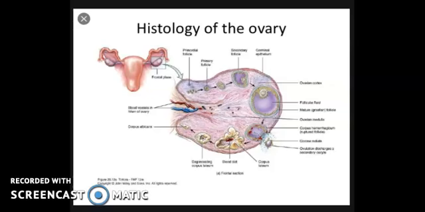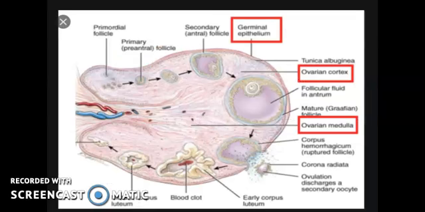Ovarian histology of a mature female. In the histology of the ovary, we have discussed the primary structure of the ovary. The following discussion includes the changes seen in a mature ovary, primarily in the cortex. The different stages of development of the oocyte can be seen.